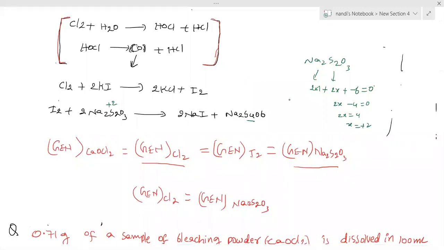Can you try? What is the answer, sir? Na2S4O6, plus 2.5. Is it correct or anything wrong, sir? Any doubt how to calculate?